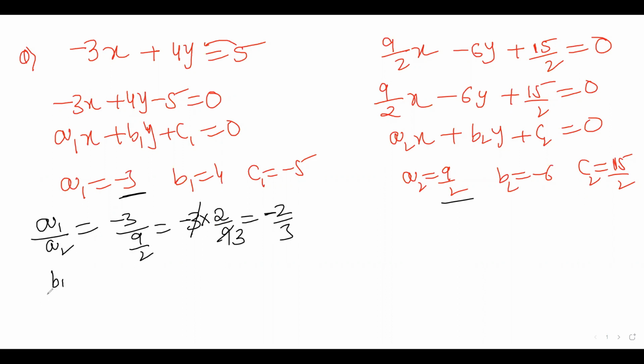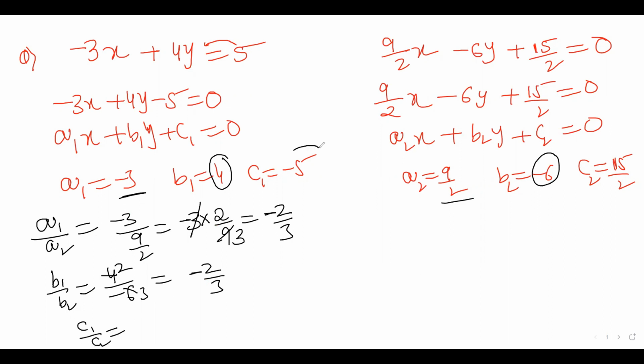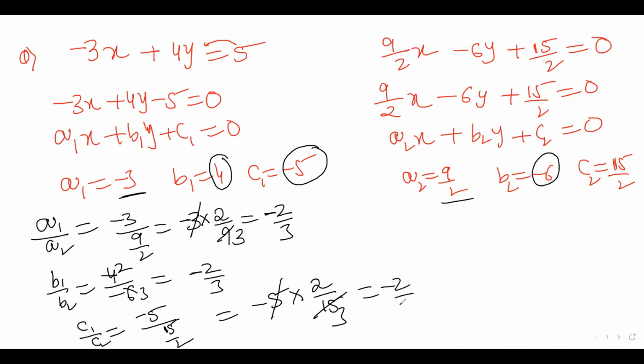What is b1 by b2? b1 by b2 is 4 by minus 6. 2 2s are 4, 2 3s are 6, you are getting minus 2 by 3. What is c1 by c2? c1 by c2 is minus 5 by 15 by 2, so you'll get minus 5 into 2 by 15. 5 3s are 15, again you are getting minus 2 by 3.